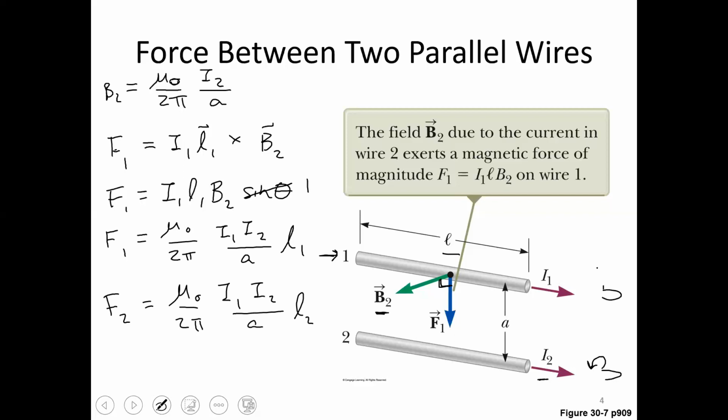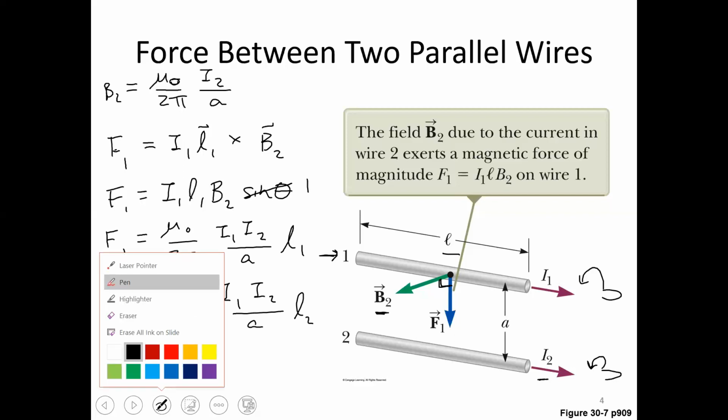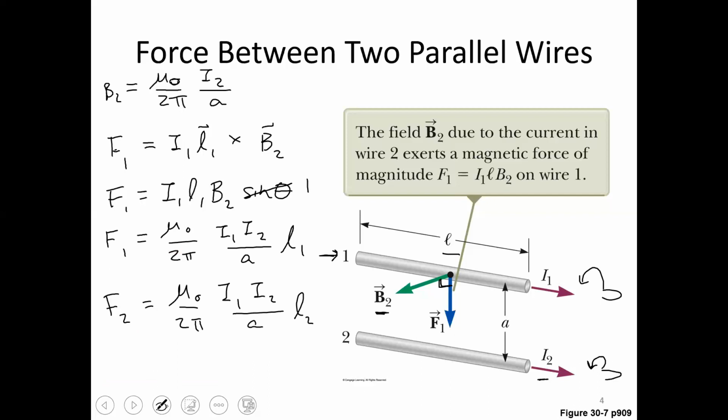So if I picture my magnetic field lines, they're going to loop around like this. I'll draw it. Actually, your book has them drawn in green, so I'll draw it in green. So current number 1, when we reach the location of wire number 2, that magnetic field is actually going to be going in this direction. So that's the magnetic field caused by wire number 1.